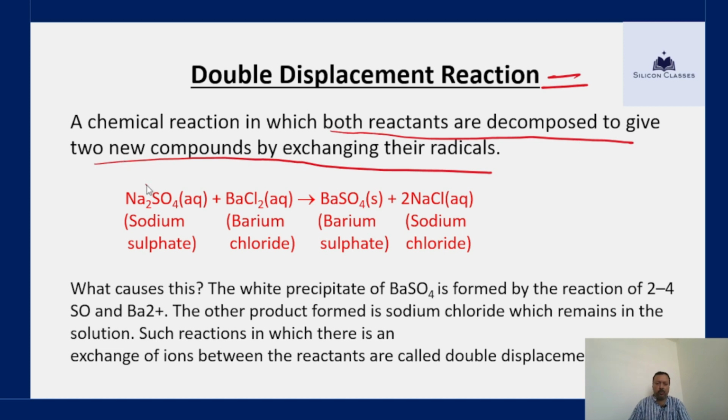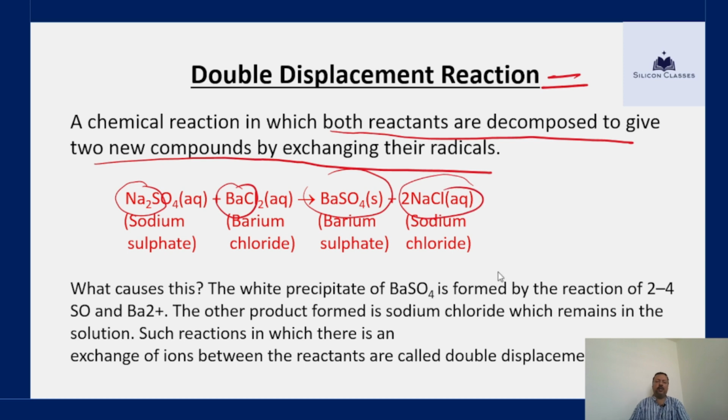In sodium sulfate, sodium is the radical. In barium chloride, barium is the radical. What happened in the product? From sodium sulfate, sodium will be replaced by barium to form barium sulfate, and from barium chloride, barium will be replaced by sodium to form sodium chloride.